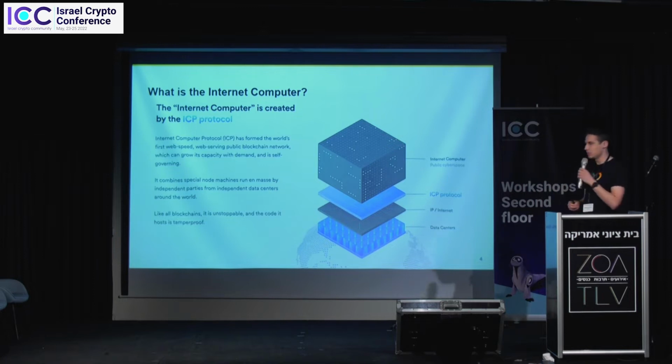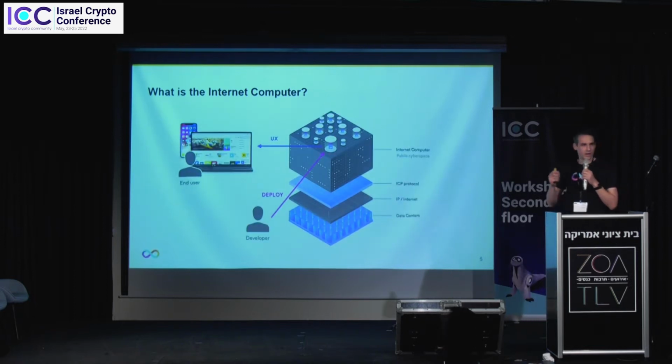And this makes the whole system very adaptable and future-proof, essentially. And so the whole system is run on special node machines, so it's not like AWS or the Google Cloud Platform or anything like that. So if those guys go down or have some infrastructure issues, we will keep on running. And yeah, like all blockchains, it's unstoppable, and the code, the smart contracts it hosts, is tamper-proof.